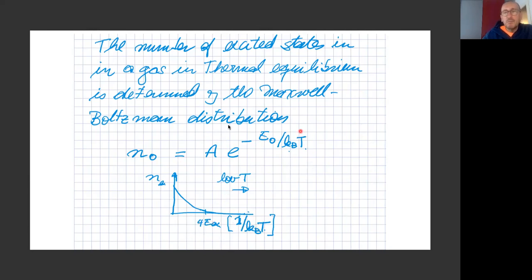This is completely dead. This is almost 0, okay? And for higher temperatures, you start populating the states above. Low temperature is in that direction, high temperature is in this direction. It means that N will be substantially different from 0, okay? So that's the way the states are populated.